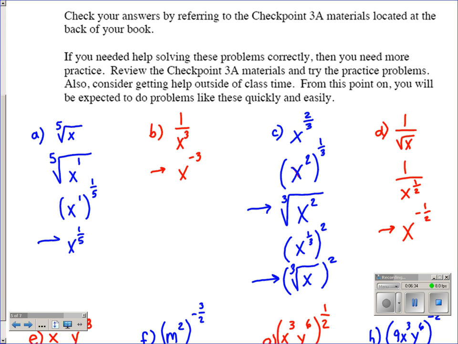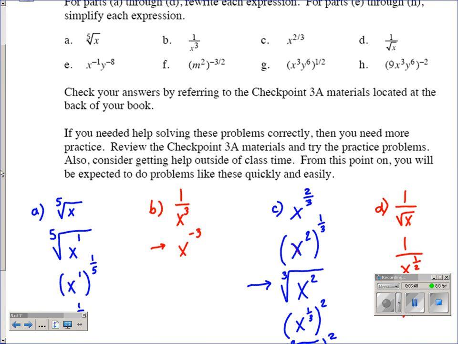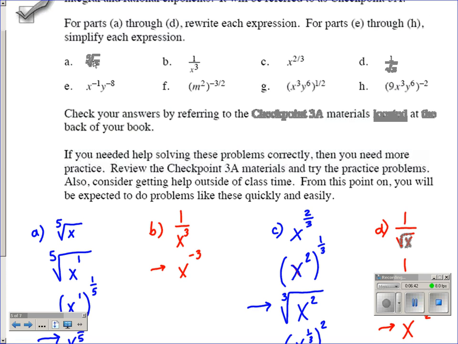Remember, it was just asking us to rewrite these. When we get into the second part, E through H, it said that we needed to simplify each expression. Remember, if an expression is simplified, there are no negative exponents.